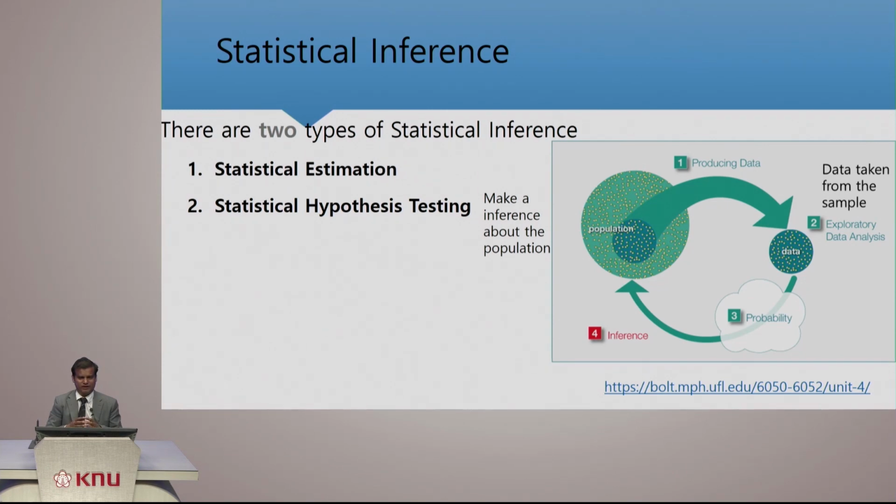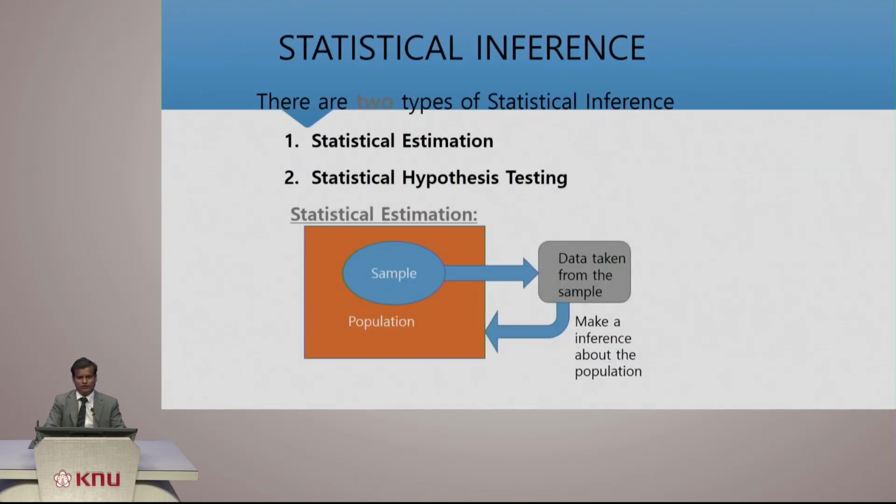Let's look briefly at those two types of statistical inference. The first one is statistical estimation. It has a similar diagram here. We have a population, and from the population data you are taking sample data, and this data taken from the sample is used for making the inference.